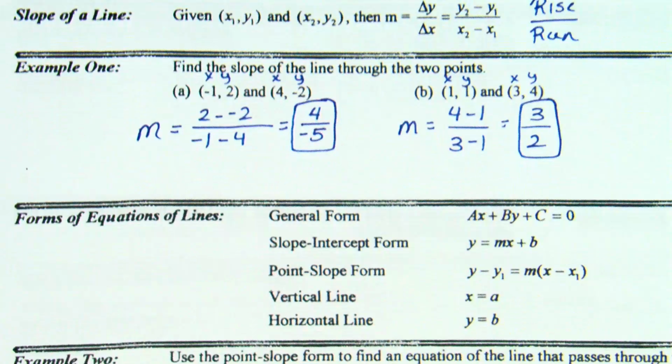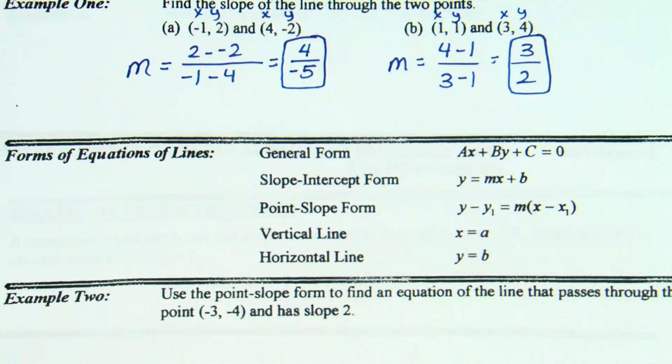Okay. The next thing listed here are just some forms of equations of lines. General form might be a new one to you. Ax plus By plus C equals 0. I can't remember if that is in Algebra 2 or not. Slope-intercept form. You guys know y equals mx plus b, right? Where m is your slope and b is your y-intercept.